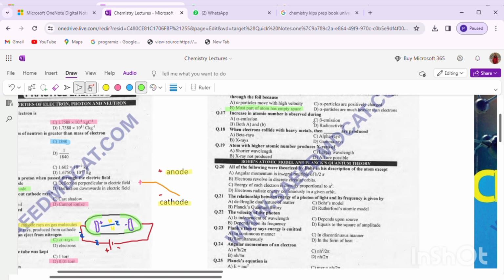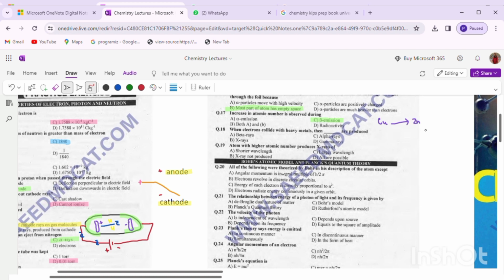Increase in atomic number is observed during beta emission, right? Since I am explaining the MCQs, I should give you an example. If I have copper, it is converting to zinc.